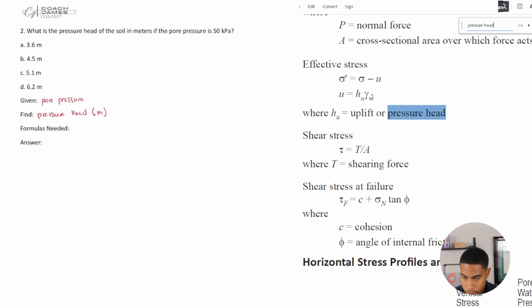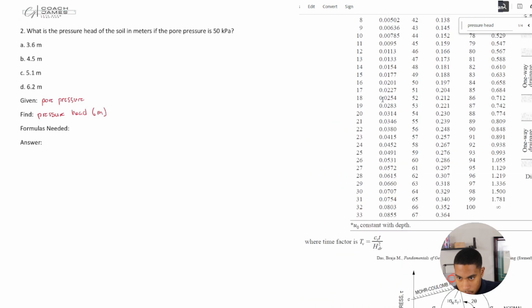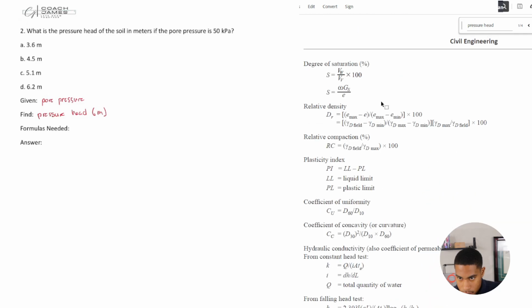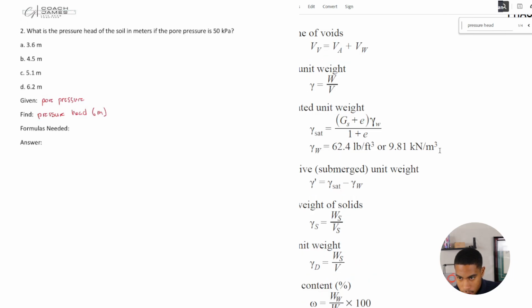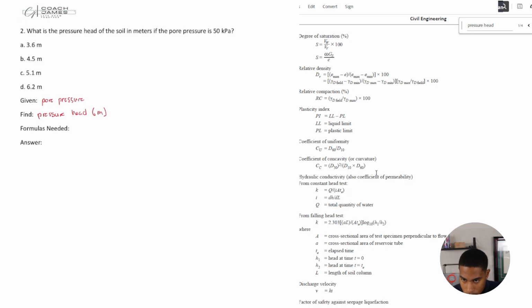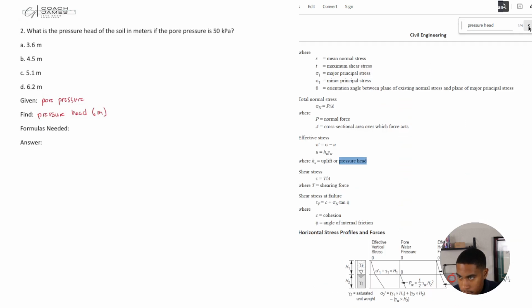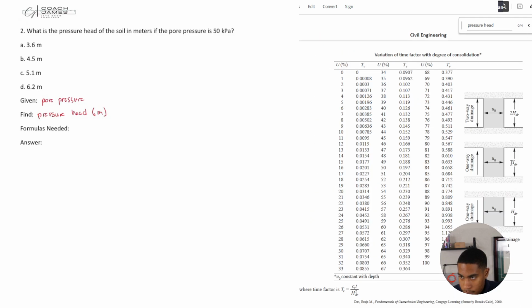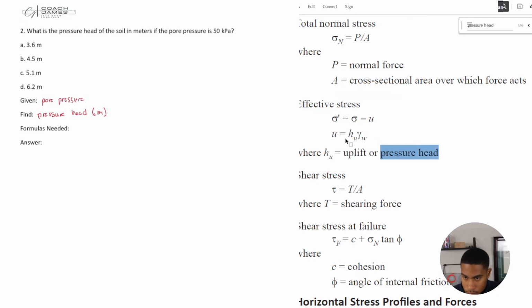We have the unit weight of water. Do we know the unit weight of water? They give that to us somewhere. Unit weight of water, 9.81 kilonewtons per meter cubed. Okay, and then what was the last thing? Pressure head. Okay, so yeah, that was everything.